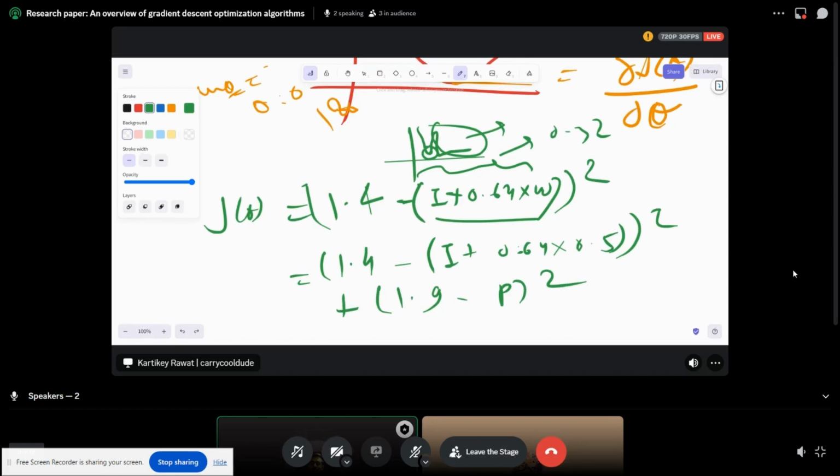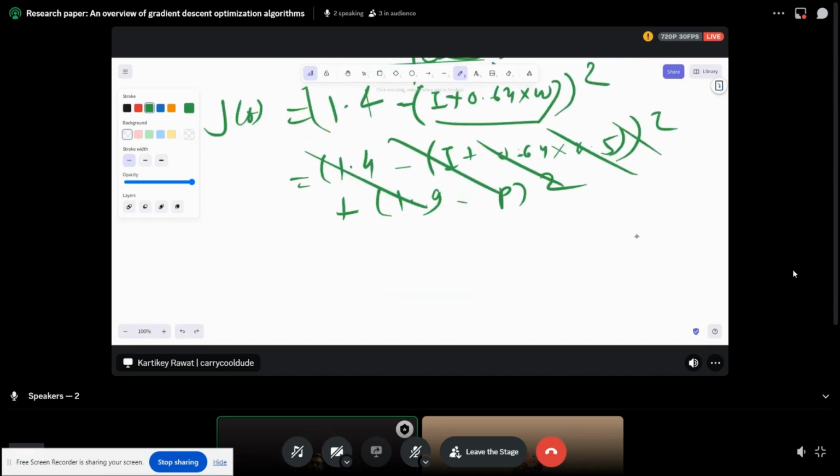And the prediction we are considering is the same, intercept plus 0.64 into weight, then whole squared. We can do the same thing, but just pause here for a moment. Suppose we have only one data point for now, just reject this part. Suppose we have only this part, that is J equal to 1.4 minus intercept into 0.64.